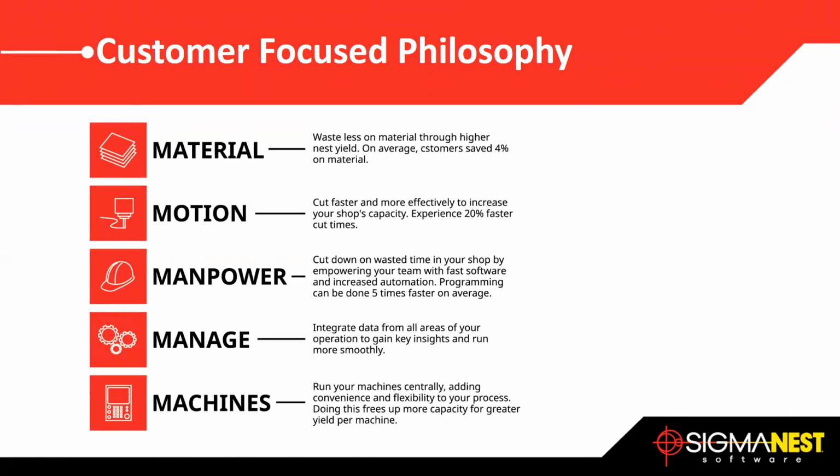And on the management side, we'll have MRP systems. We'll run that through a product which we call SimTrans, and import that information and the work orders into SigmaNEST automatically. Also, we do very well at running multiple machines within a facility.